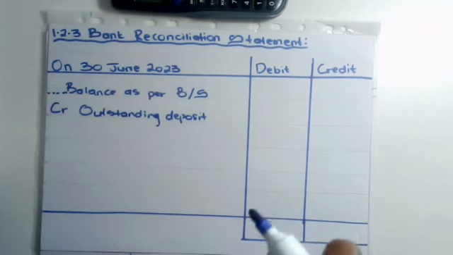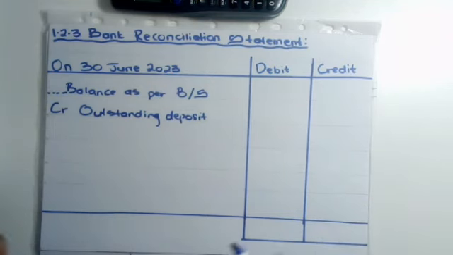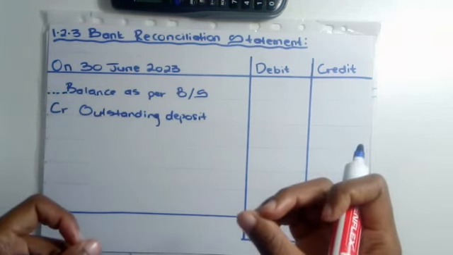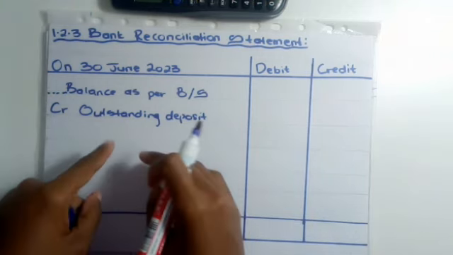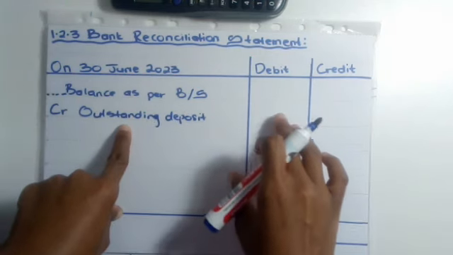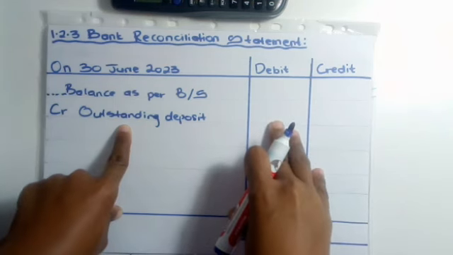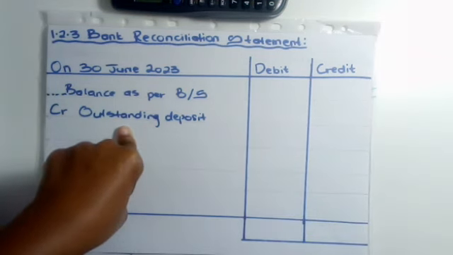But so long as our clerk is holding that money for whatever reason, they are dragging their feet, they have left it in the office, they have left it in the cash registers, they have even borrowed it to themselves thinking they will replace it on a later date, whatever their reason could be, it means that for as long as they are holding it, it becomes an outstanding deposit. So we are putting it in the bank reconciliation statement to say to the bank that, you know what, you need to expect a certain amount, because we have recorded it in our books, in our cash receipts and cash payment.